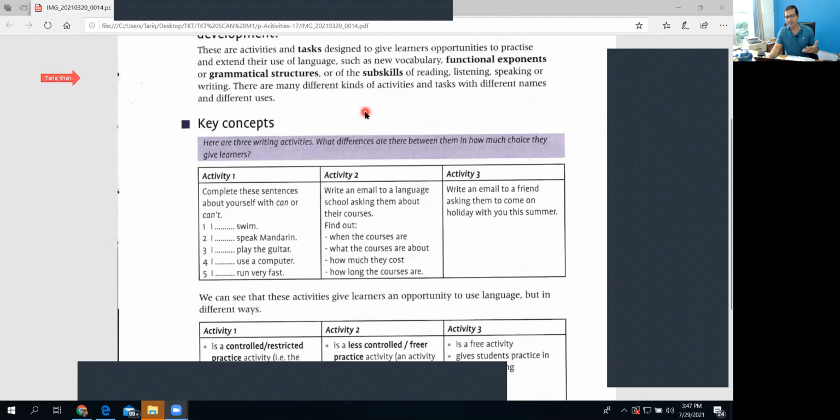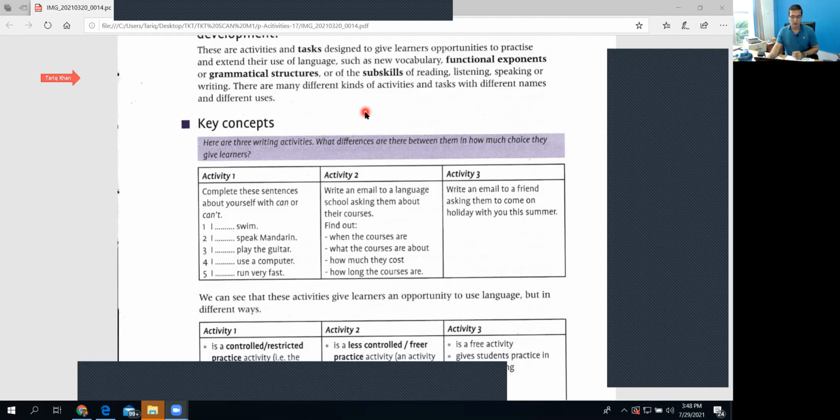We do these activities when we are teaching vocabulary, function, or grammar, or sub-skills like reading, listening, speaking, and writing. We utilize these activities to make students understand or to extend their knowledge of the language. So these are the purposes of it.